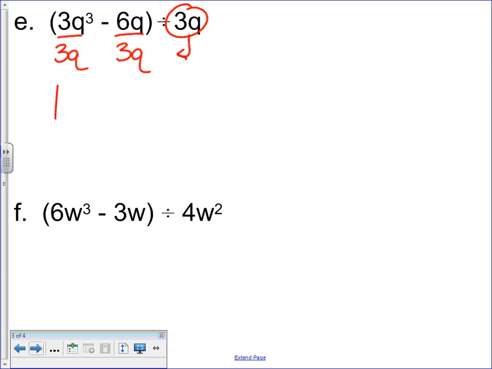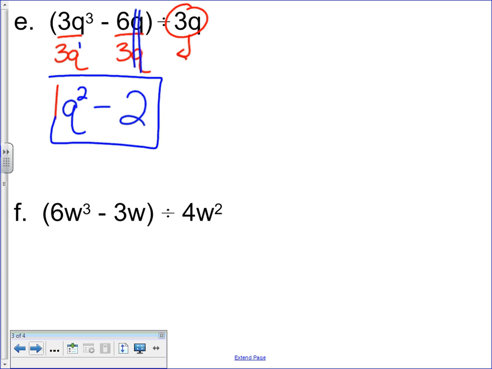Take away a q from 3 is q squared. Minus 6 divided by 3 is 2. Q's cancel out. Now again, you don't have to write a 1 in front of anything, so you could just get rid of that 1. And that would be your answer, q squared minus 2.